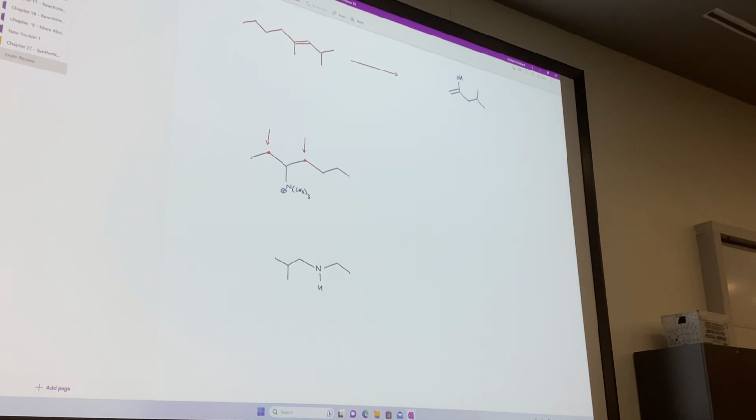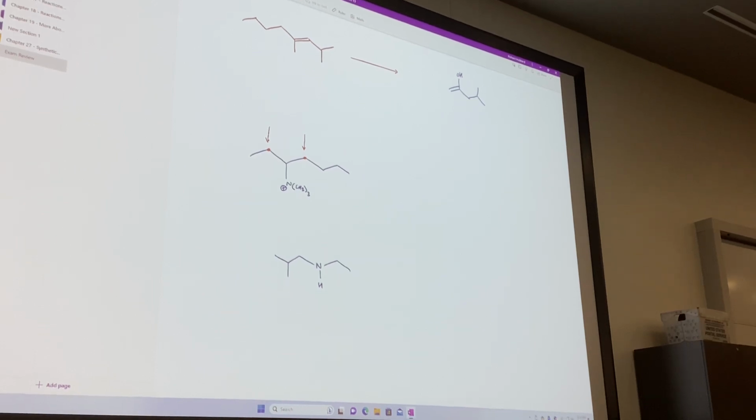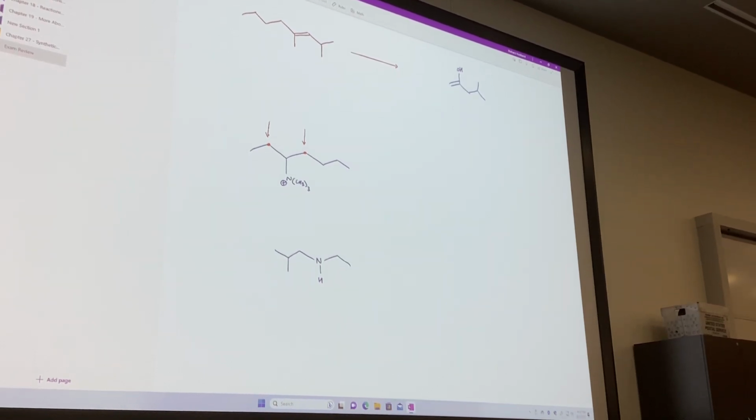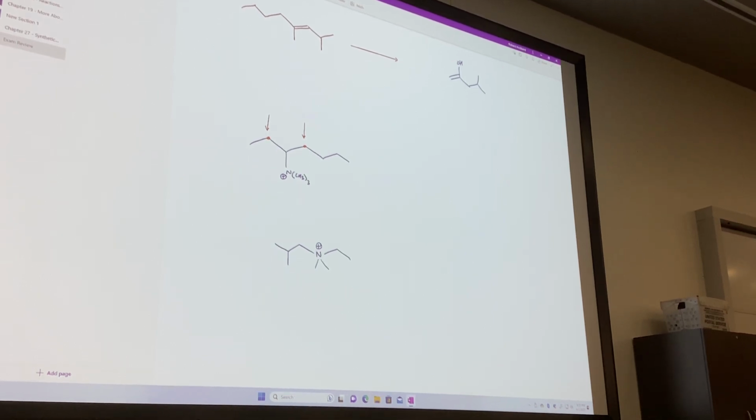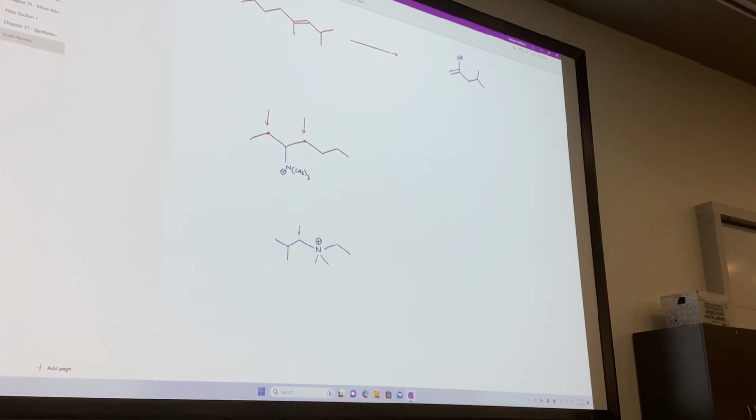So Hoffman would be difficult here because any elimination that you tried, you'd end up plucking this first and foremost. So let's make that a methyl. And we, of course, would have to dimethylate it in order to get, if you can't get that ammonium species, then it's not going to work out for you. So looking at this, what you're comparing is not this and this.